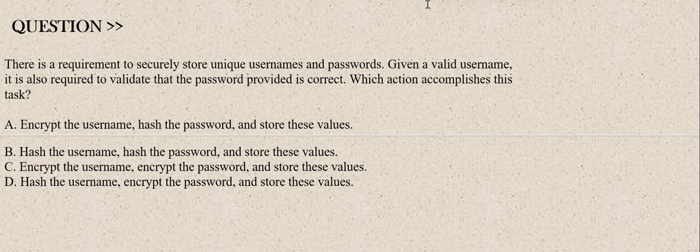Option B, hash the username, hash the password and store these values. Option C, encrypt the username, encrypt the password and store these values. Option D, hash the username, encrypt the password and store these values. The correct answer is option A.